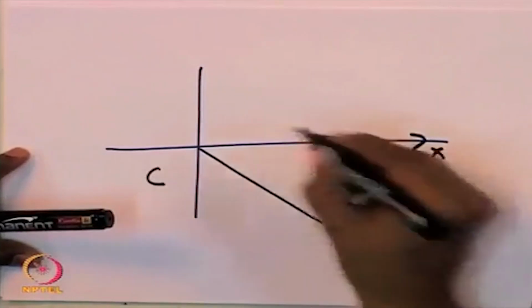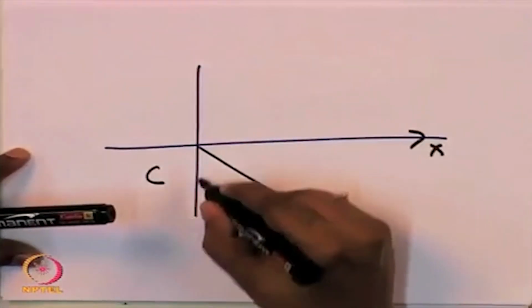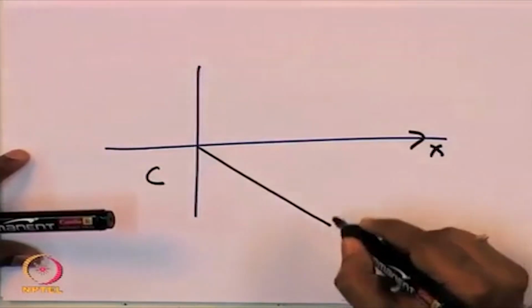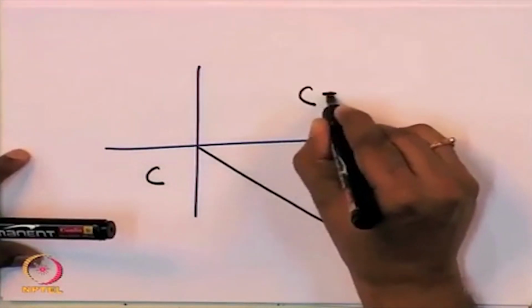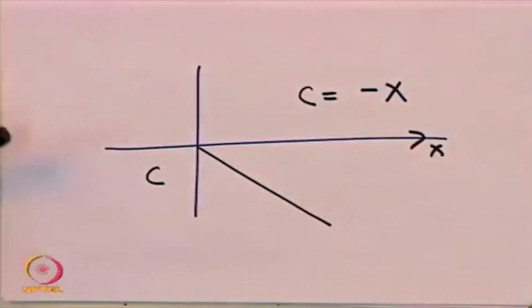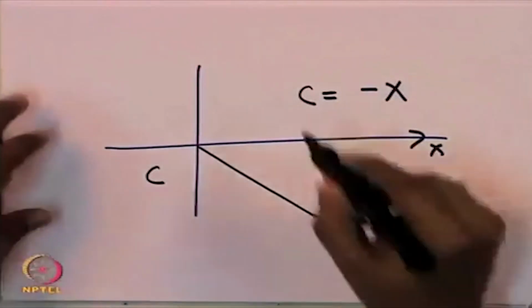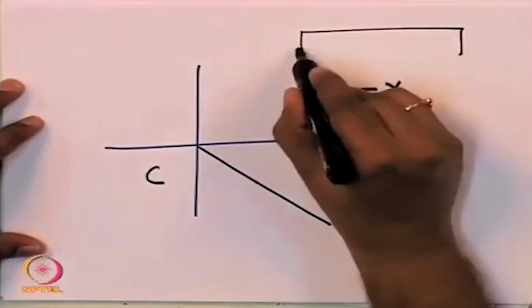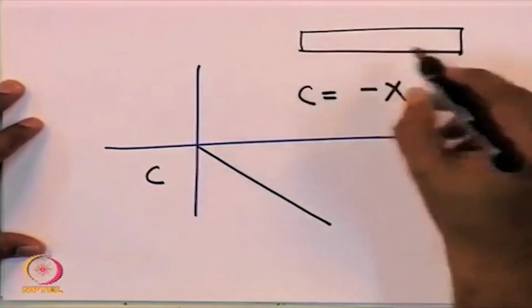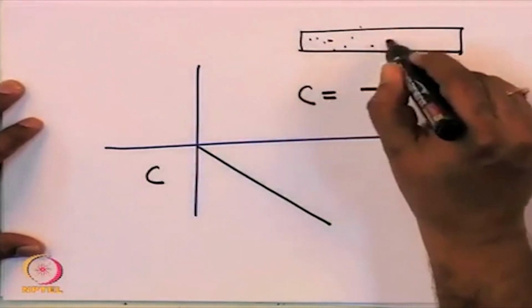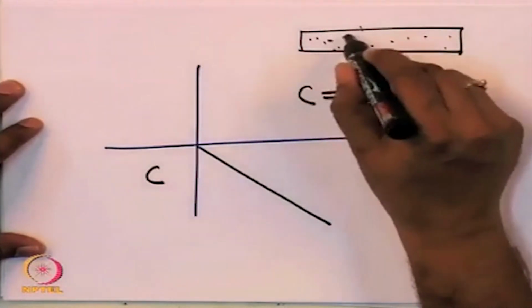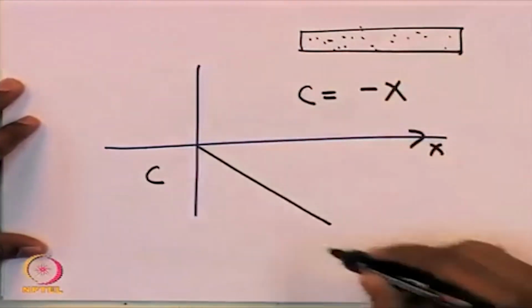So, this is C and this is x. The concentration decreases linearly, which means C is equal to minus x. So, if you have a container having concentration, the concentration decreases as we go along the x axis, and this decreases in a linear manner.